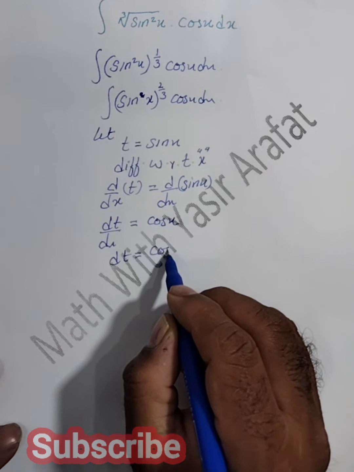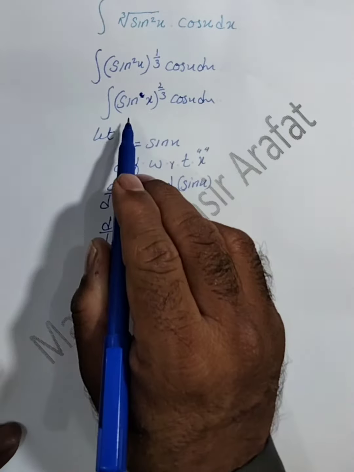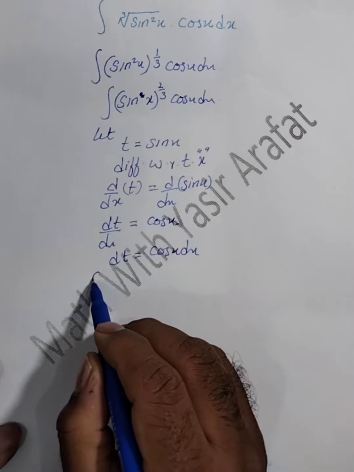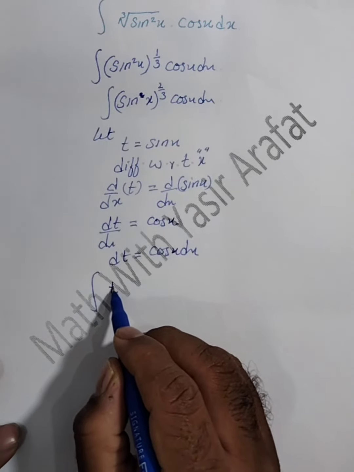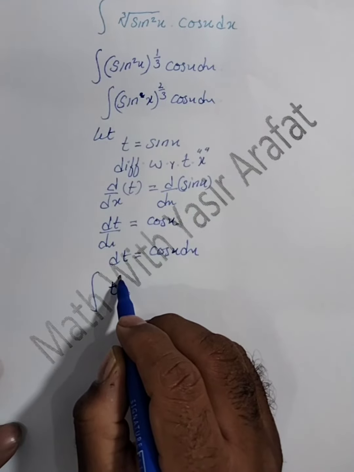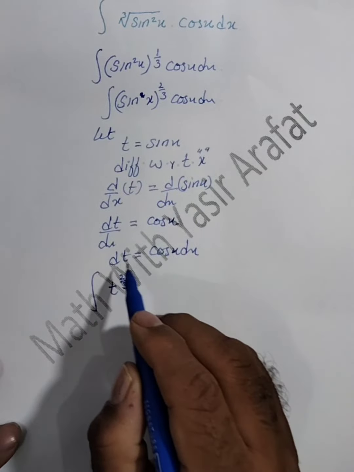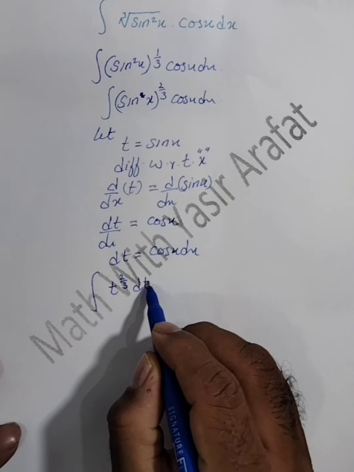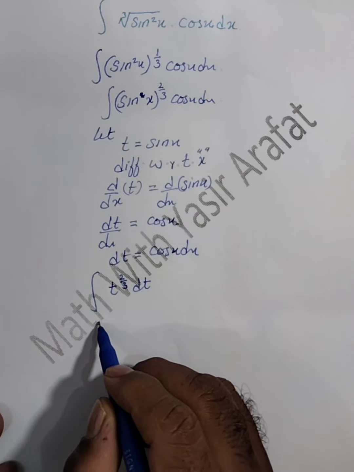So the value of dt is cos x dx. Now come to this question again here. What is sin x? Sin x is t with whole power 2 over 3, and cos x dx equals dt. Now integrate with respect to t here.